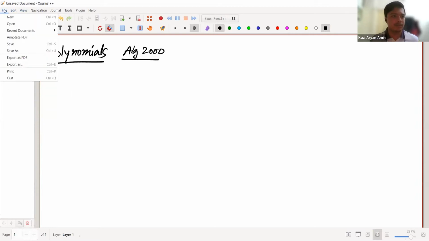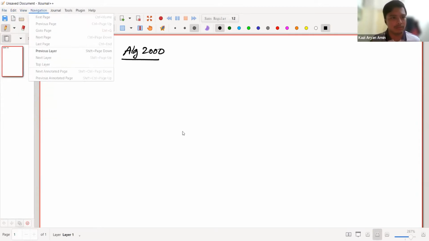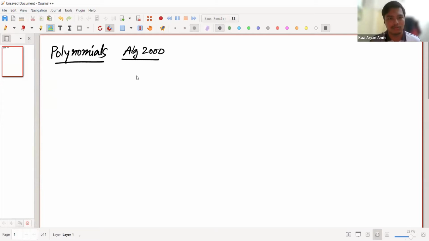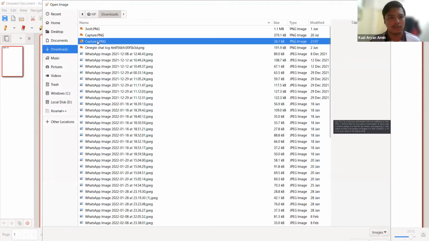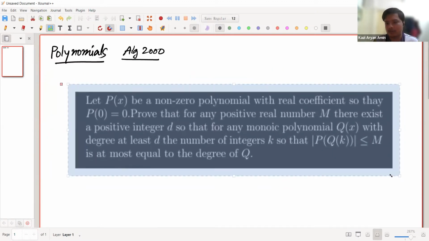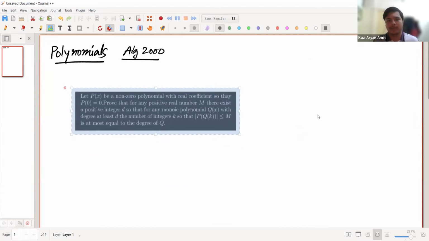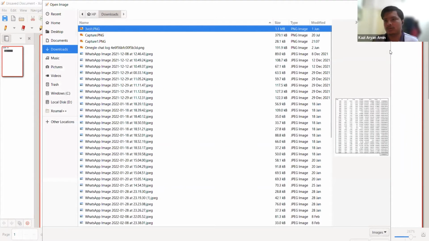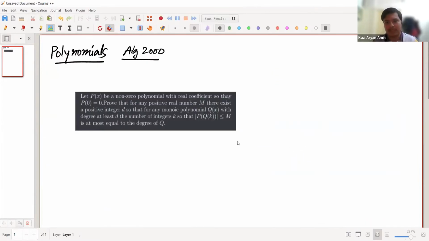I'll just share the statement. Okay, so let's start with this problem. Is the problem statement visible? Okay, so can you please try to do this problem for a while? Also, if you have any questions, just unmute yourselves and ask.